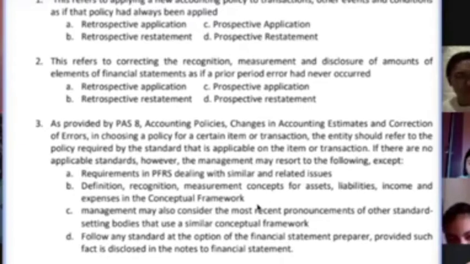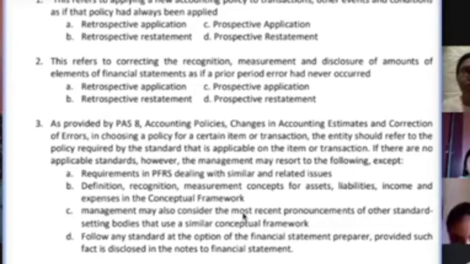Try to look first if there's a similar issue governed by another standard. Look somewhere else within the PFRS. If it's nowhere in all of the PFRSs, that's the time you go to the framework. And if still the framework cannot help, that is when you go to the other standard-setting bodies. And this is what I want to remind you, class.